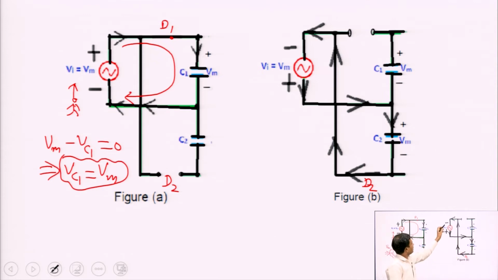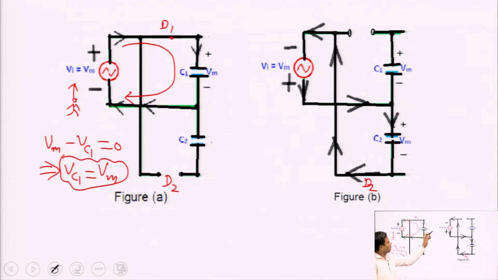Now, the conduction of this circuit is as shown by the arrow. This means the upper plate of C2 will be positively charged and the lower plate of C2 is negatively charged.